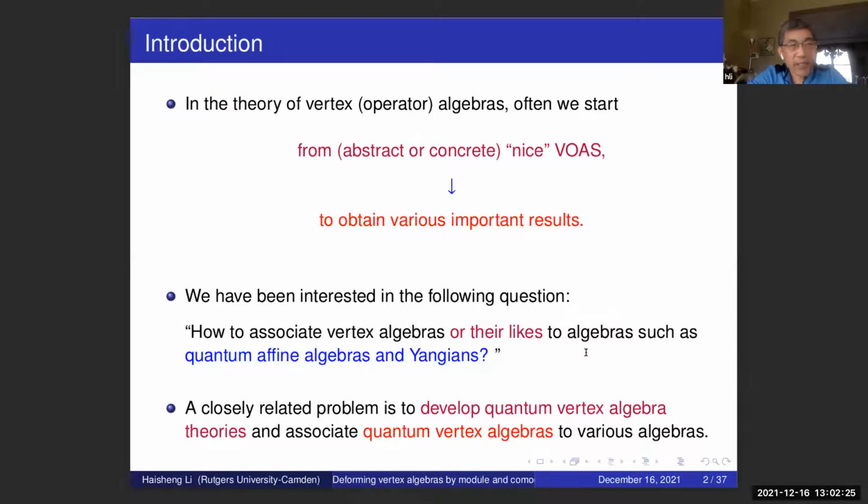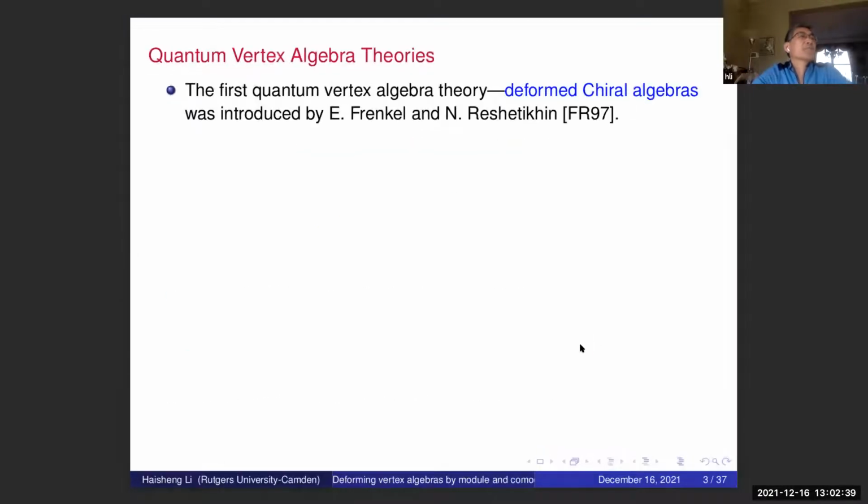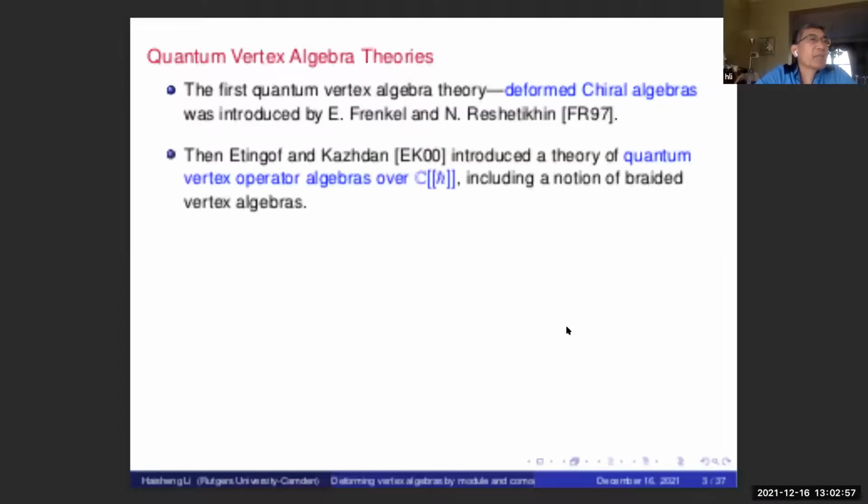Of course, a closely related problem is to develop quantum vertex algebra theory and then relate quantum vertex algebras to all kinds of algebras. For information, the first notion, called deformed vertex algebra, was due to Igor Frenkel and Reshetikhin in 1997.